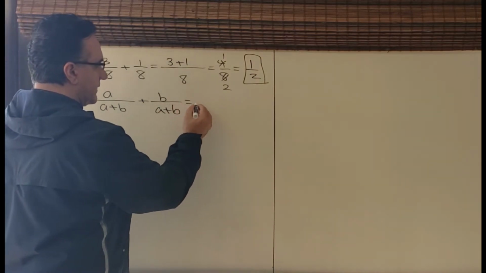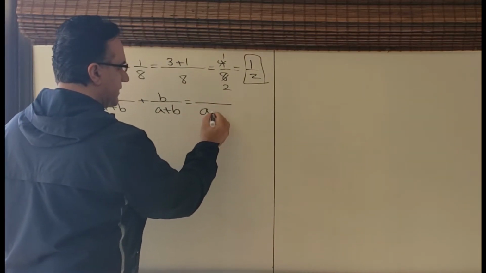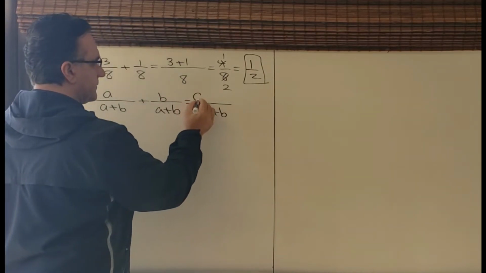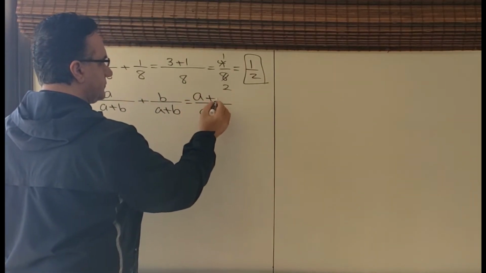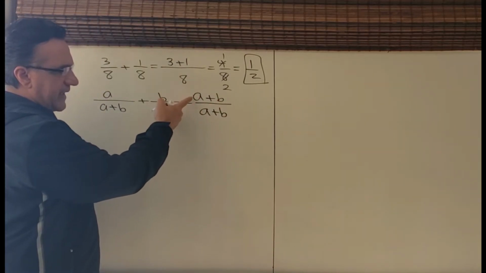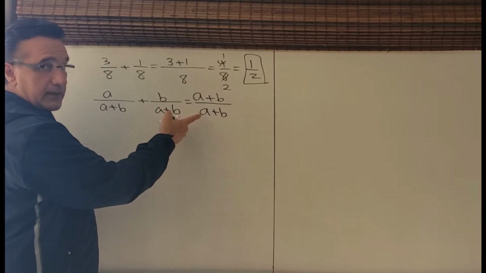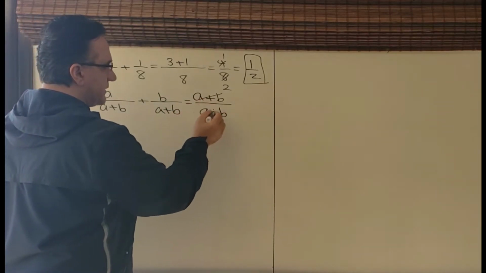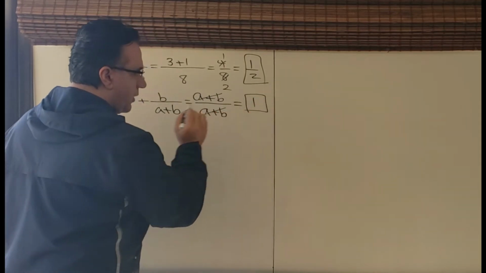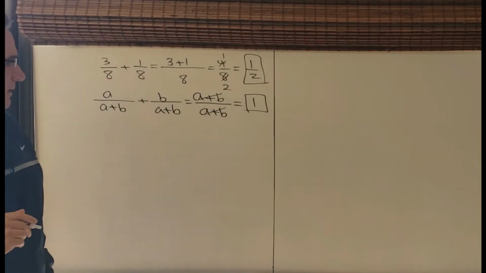So we can keep that common denominator and combine the numerators. Now we notice that we have the exact same expression on the top as in the denominator, so we can cross-cancel those and get 1 for the final answer.